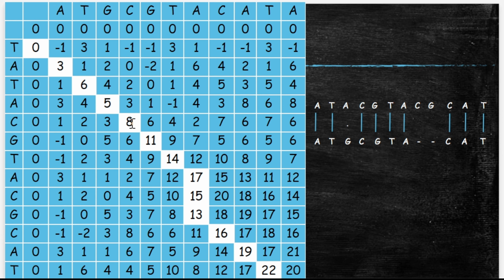Then the next one, which is 8, C corresponds to C, and that is a match. Then 11, which is the next score, G corresponds to G, that is also a match. For 14, T corresponds to T, that is also a match. Then the next one, which is 17, A corresponds to A, that is also a match in the alignment sequence.